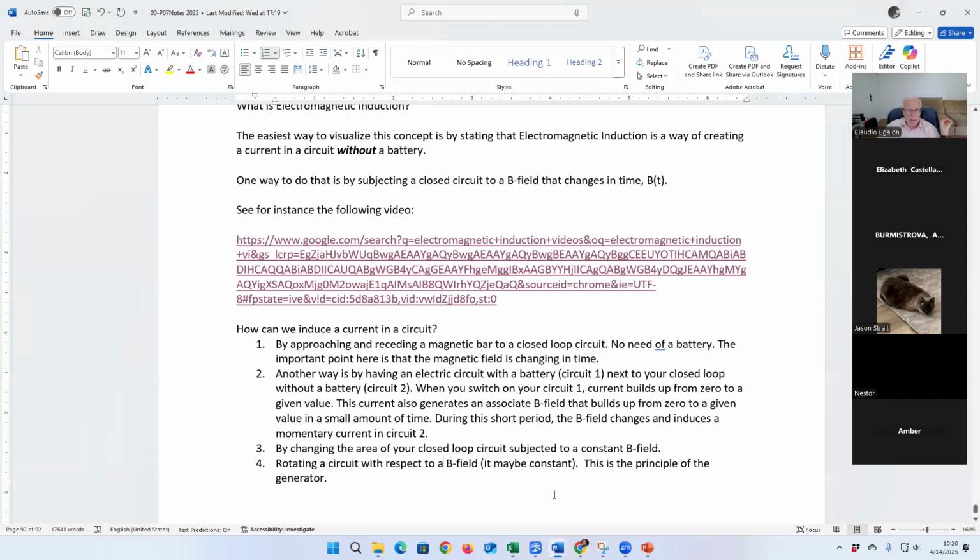That was the important discovery that Faraday and the other guy, Henry, managed to discover. This is the principle of the generator. Remember that.